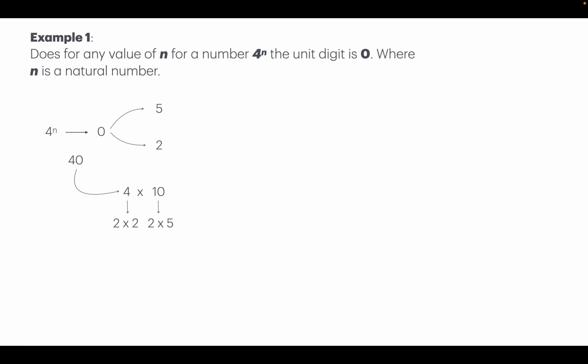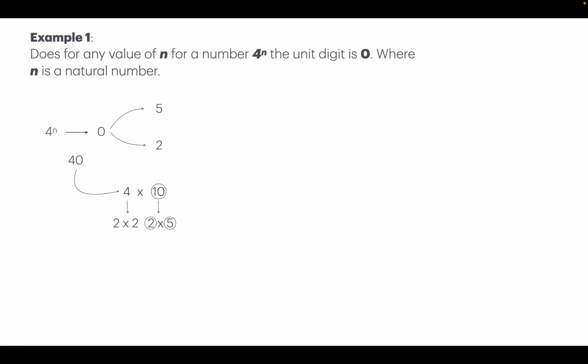So 2 and 5 are there. You can take any other number, let's say 30, which is 2 times 3 times 5. We have a distinct factor here, which is 3, but 2 and 5 are there. So if you have any number that ends with 0, you are going to have at least one 2 and one 5 as its factors.